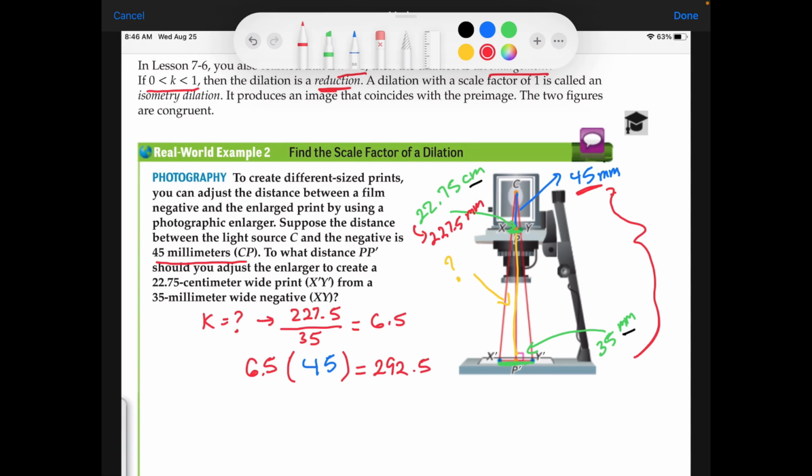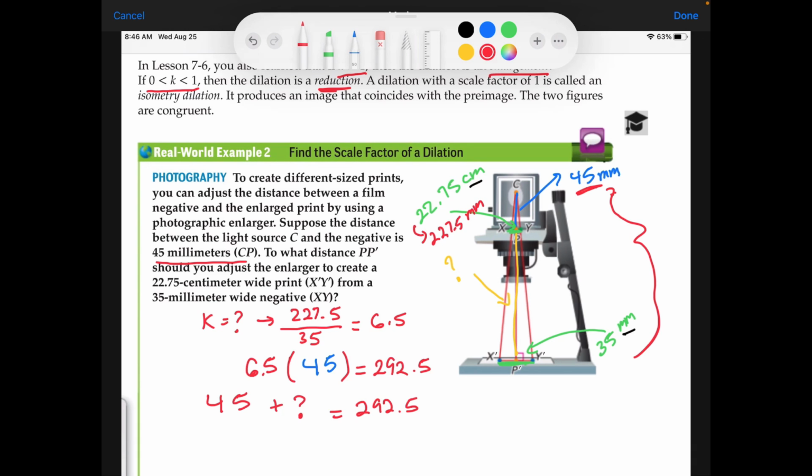But that's not the whole distance, right? We don't want the whole thing. We only want the yellow part from P to P prime. That's what we're concerned with here. Since we know the entire distance, 292.5, before we subtract, I want to show you what I mean. 45 plus whatever it is that we're looking for should equal 292.5. That's the entire distance, and we don't want the entire distance.